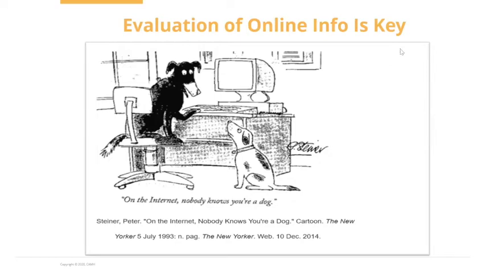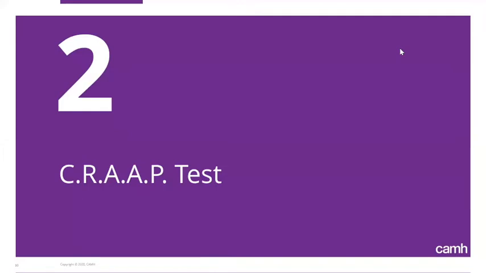And I really like this cartoon because it really explains that you don't particularly know where that information is coming from unless you take some really detailed, devoted steps to evaluate it. So this is where my favorite handy dandy evaluation test comes in, the C.R.A.P. test, or the C.R.A.P.P. test.